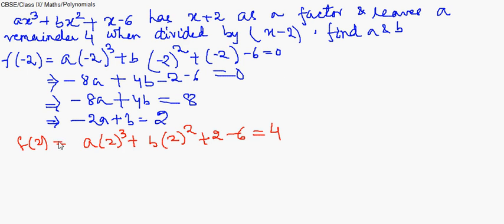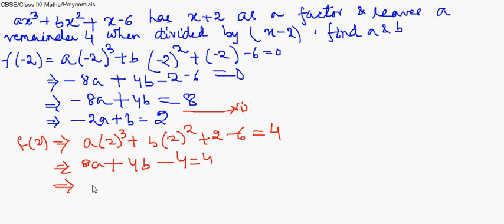So this should also give me another equation. So it is 8a plus 4b minus 4 equals 4. So it is 8a plus 4b equals 8. If I reduce, I'm getting 2a plus b equals 2. So this is the second equation.